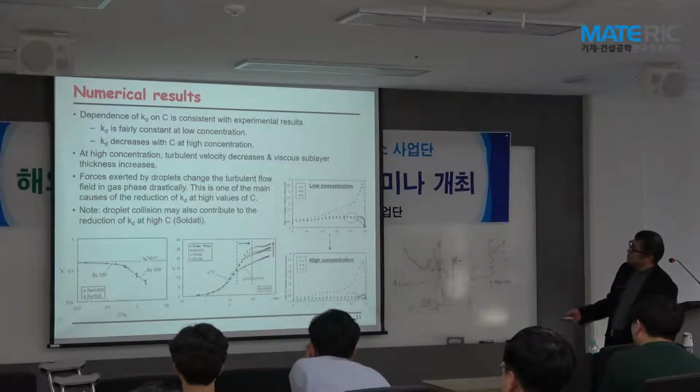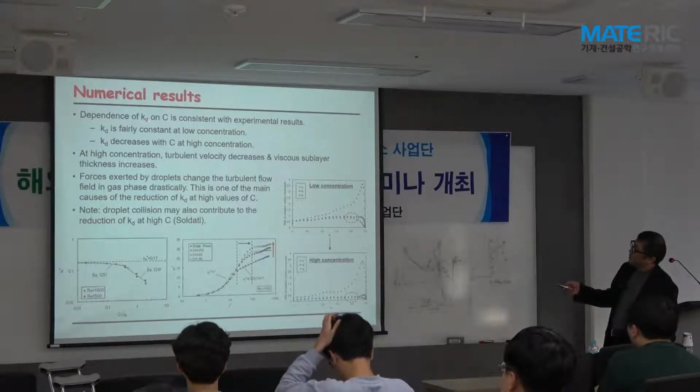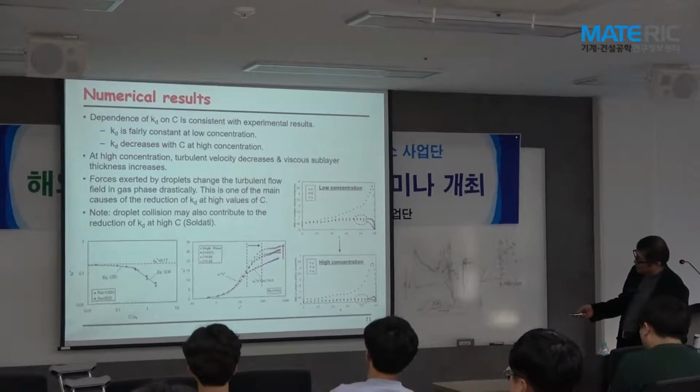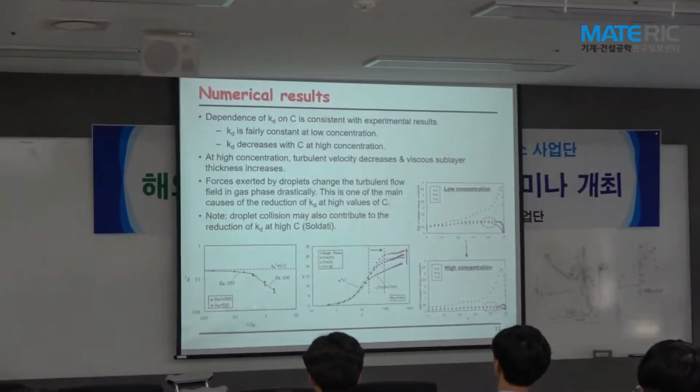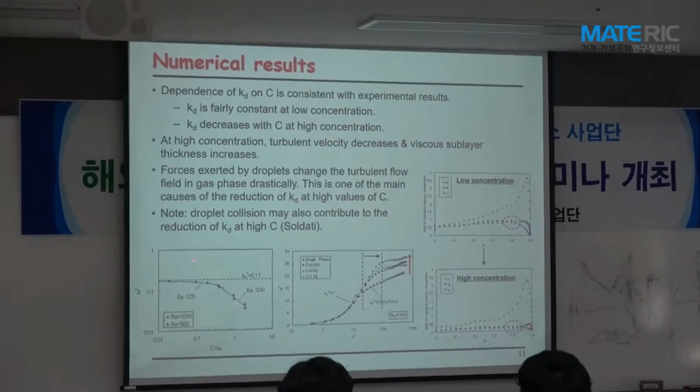The numerical result is shown here. The dependence of the proportional factor on C is consistent. In this figure, the horizontal axis is droplet concentration, and the vertical axis is K, the mass transfer coefficient. As you can see, if the concentration is low enough, it's not affected by the droplet concentration.